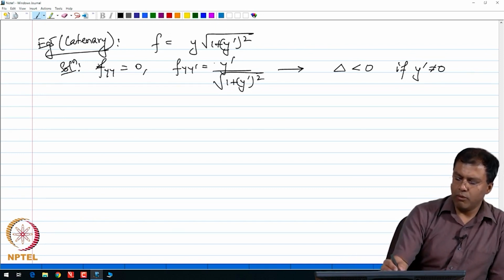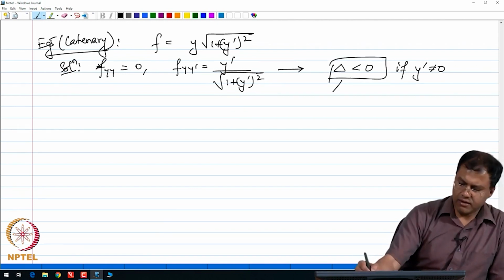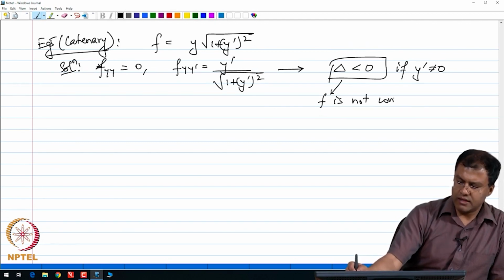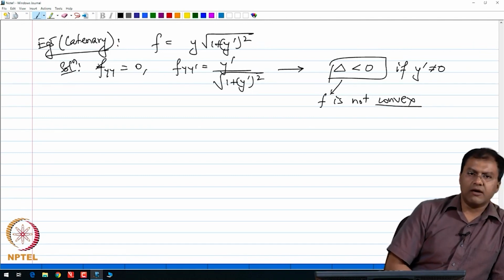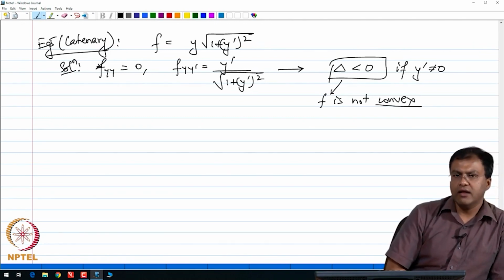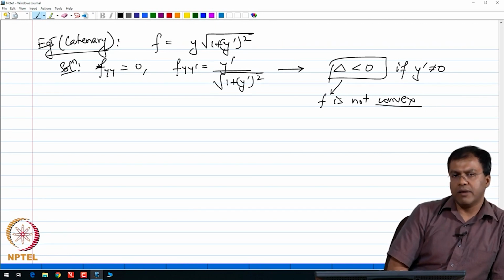The moment we have non-zero slope, the discriminant is negative, which means that f is not convex. We have seen that the extremal that we find for the catenary problem does not give either a minima or a maxima.